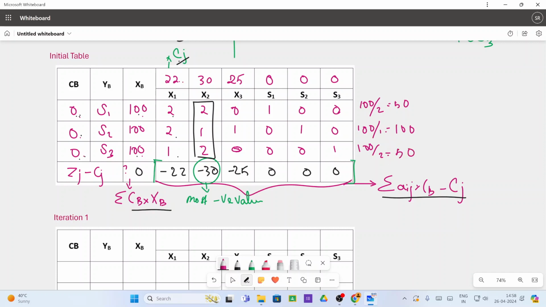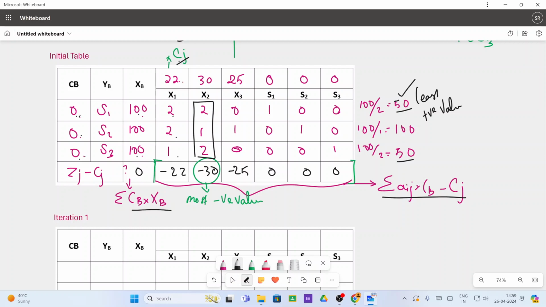Now we have to find out the least positive value. In this, you have to find the least positive value. The least positive value is 50. We have it at two places, so arbitrarily you can choose either one.